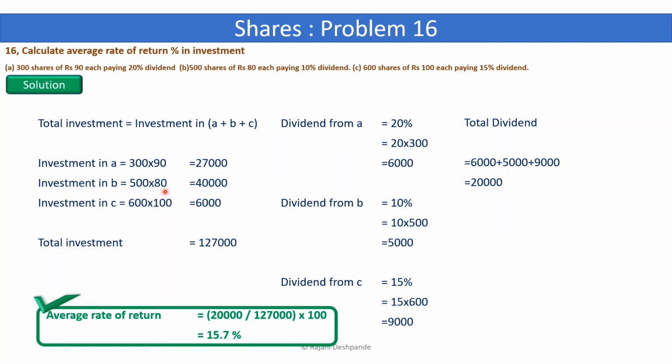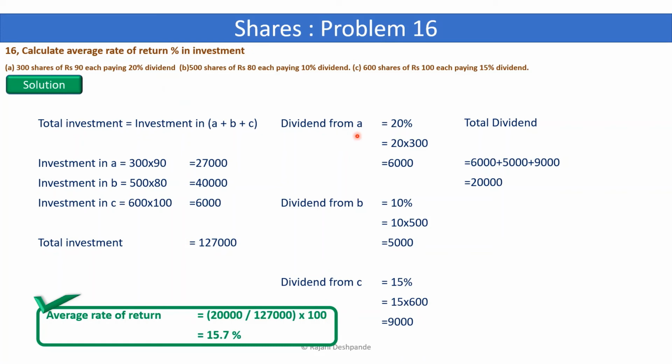So 500 into 80 rupees, 40,000 rupees. Investment in C, 600 shares of rupees 100 each. So 600 into 100, 60,000 rupees. So total investment in A, B, C together is 1,27,000. Now we will calculate the dividend from each one of the investments.